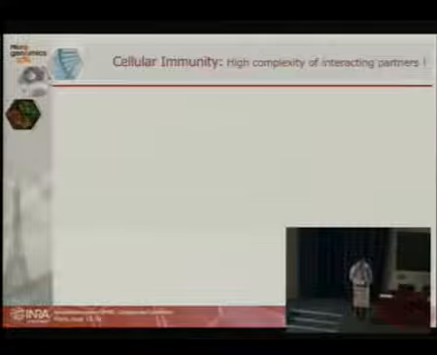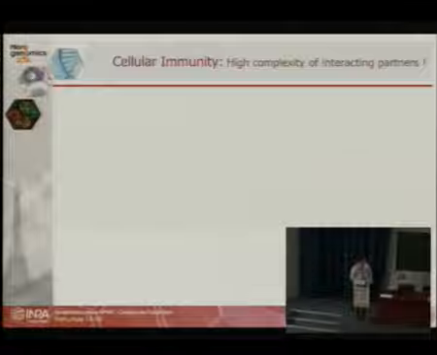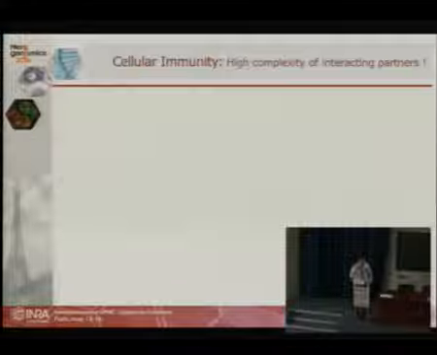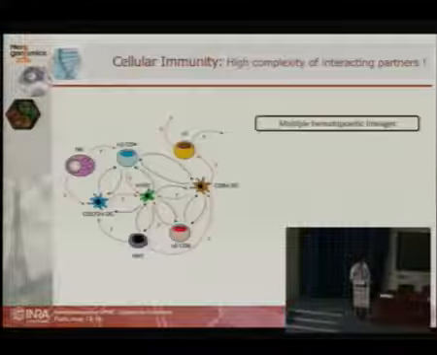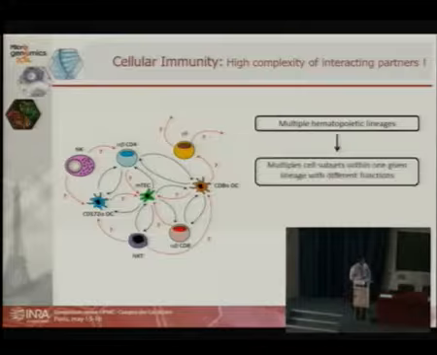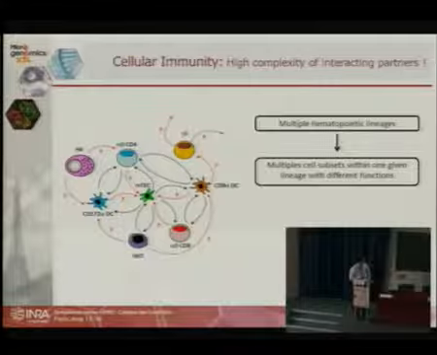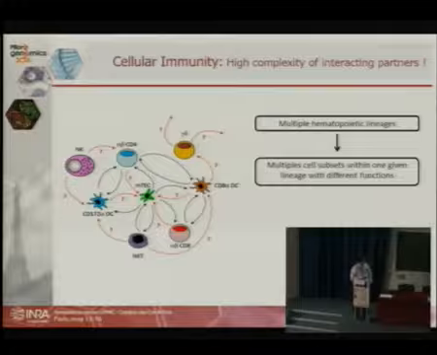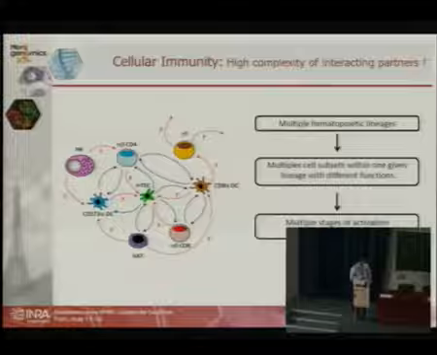And from the beginning on, we have a big issue: it's highly complex and you have lots of interactive partners beside what Mark said about plasticity. So why that? Because actually the immune response is driven by multiple hematopoietic lineages that are themselves subdivided in multiple subsets within one given lineage with different functions.